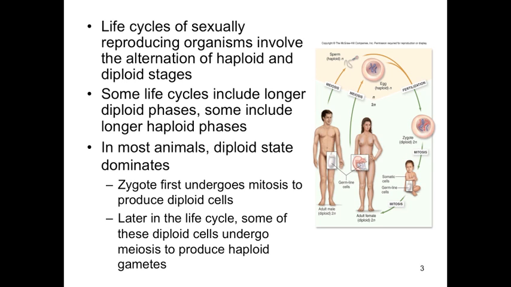But in most animals, the diploid state dominates. That is, the zygote first undergoes mitosis to produce many diploid cells. Later in the life cycle, some of these diploid cells, namely the germline cells, undergo meiosis to produce haploid gametes.